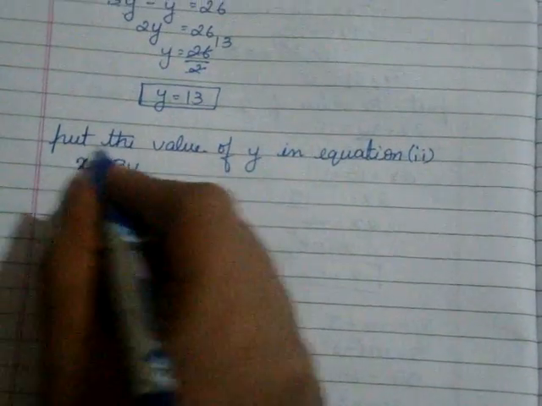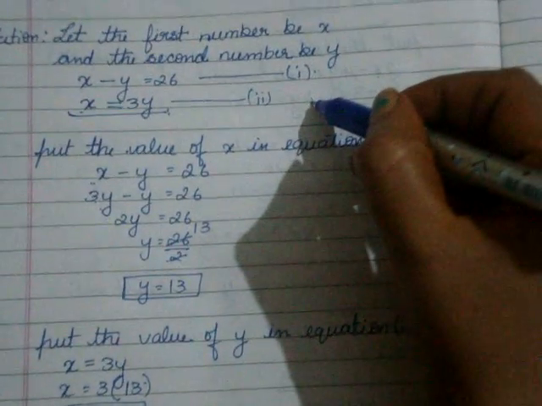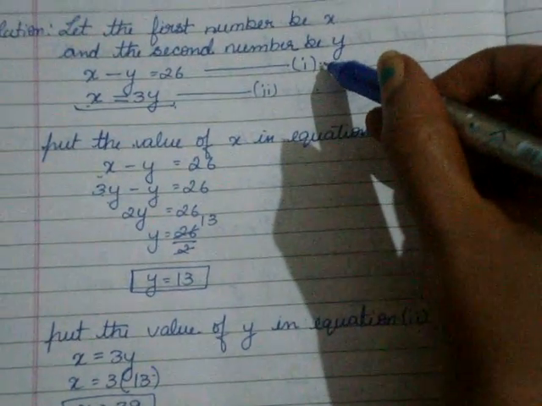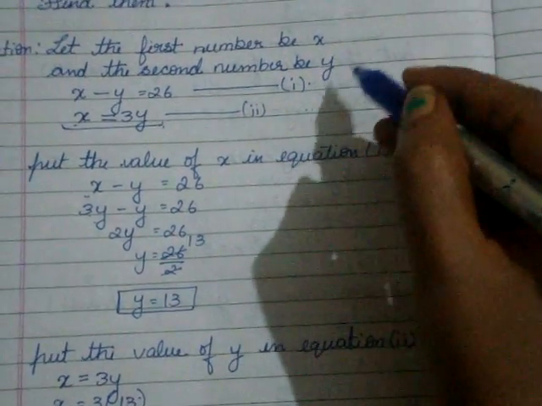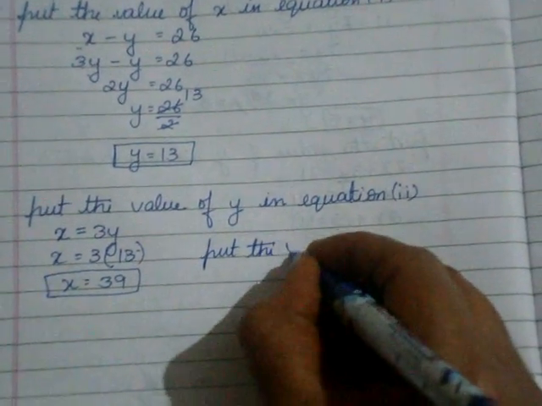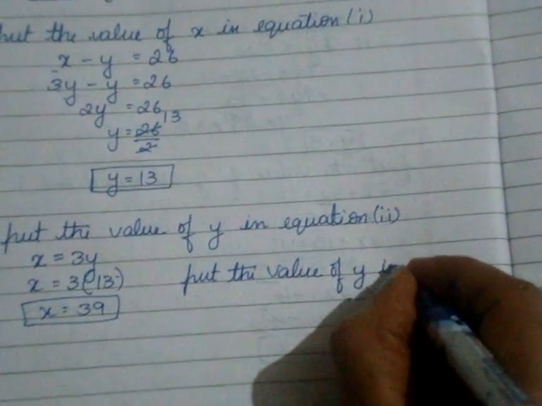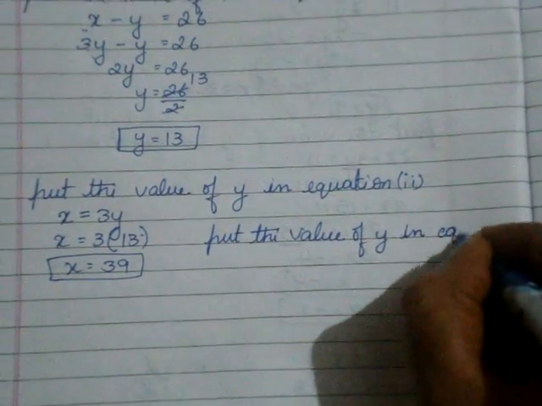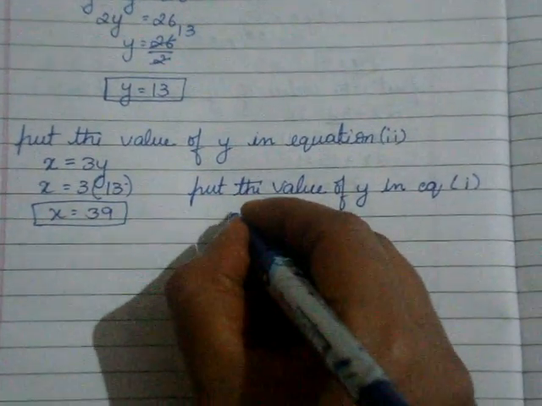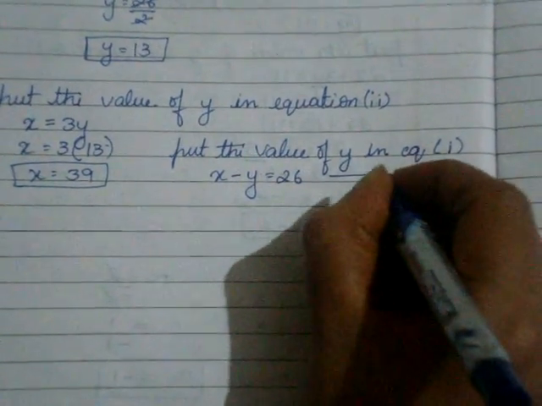Let me check. Every time I'll be saying you can take either the first equation or the second equation. Let us put in the first equation and see. I'm going to write here itself: put the value of y in equation 1. This is extra, just to check it. x minus y equals 26. This is equation 1.